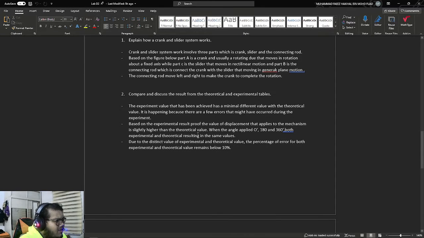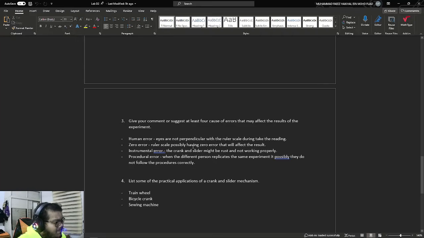Based on the experimental result, the value of the displacement applied to the mechanism is slightly higher than the theoretical value, while at angles 180 and 360 degree, both experiment and theoretical result in the same value. Due to the discrete values of the experiment and the theoretical value, the percentage of error for both remains below 10%.